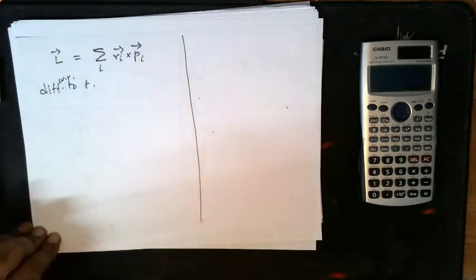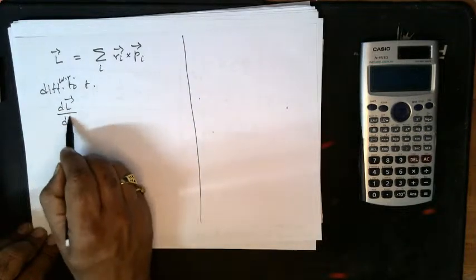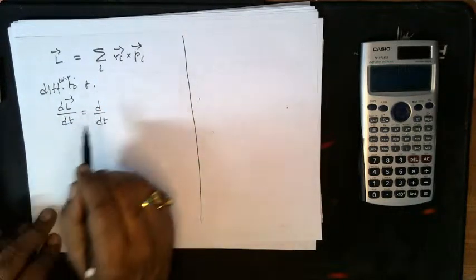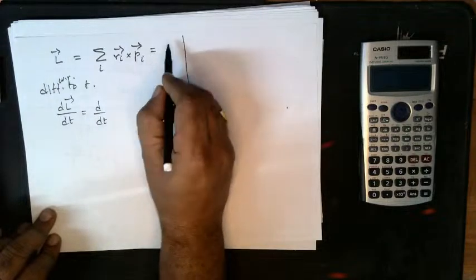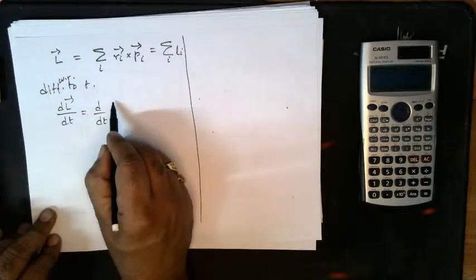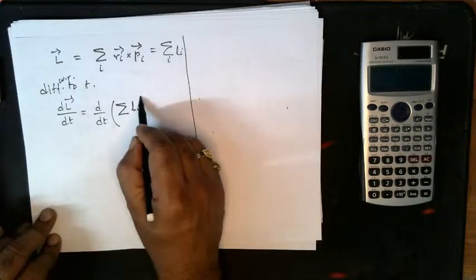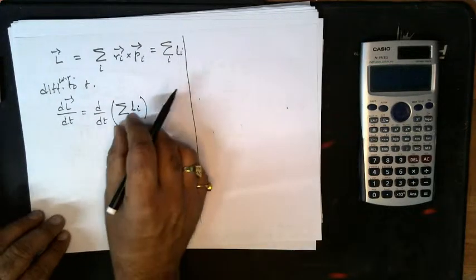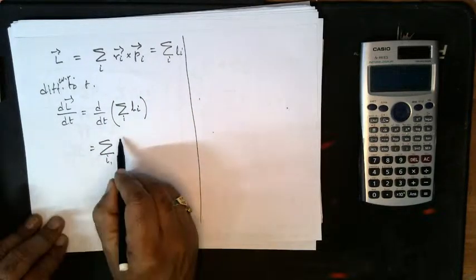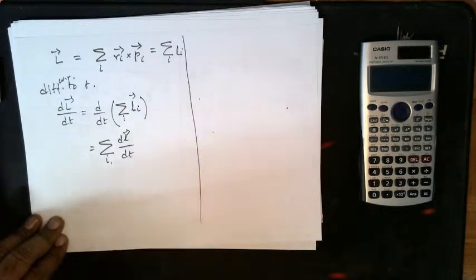Therefore, dL vector divided by dt is equal to d by dt of the summation of Li, is it not? So we can take the summation outside, being a constant, and put dLi vector divided by dt.